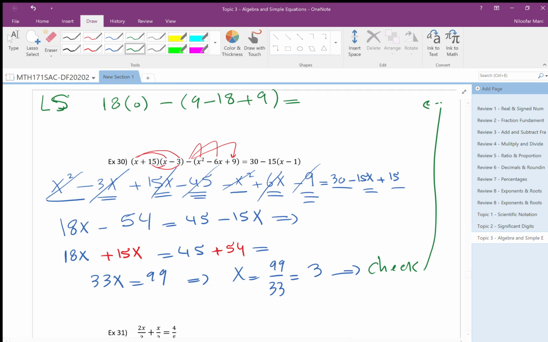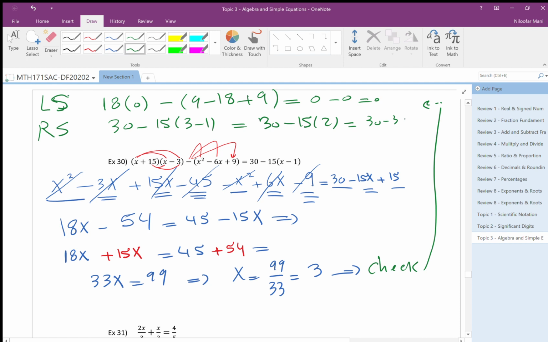The left side is 18 times 0, minus 0. That's 0. How about the right side? The right side is 30 minus 15 multiplied by 3 minus 1, which is 30 minus 15 multiplied by 2, which is 30 minus 30, which is 0. I see the left side equals the right side because both of them are 0. So I didn't make any mistake.